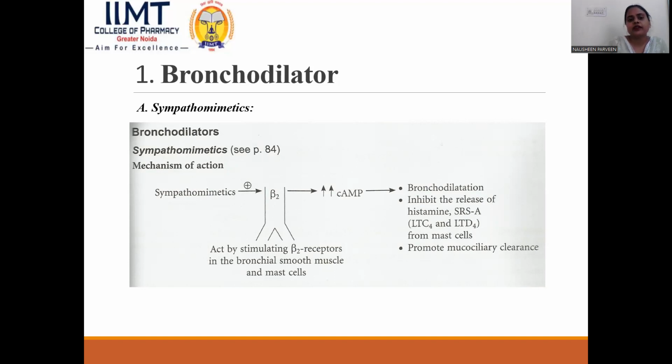When we use a sympathomimetic drug, it acts by stimulating beta 2 receptors in bronchial smooth muscle and mast cells, and then it increases the cAMP pathway and produces the effect of bronchodilation. It also inhibits the release of histamine and SRS-A, like leukotriene C4 and leukotriene D4, from mast cells. Another activity is that it promotes mucociliary clearance.